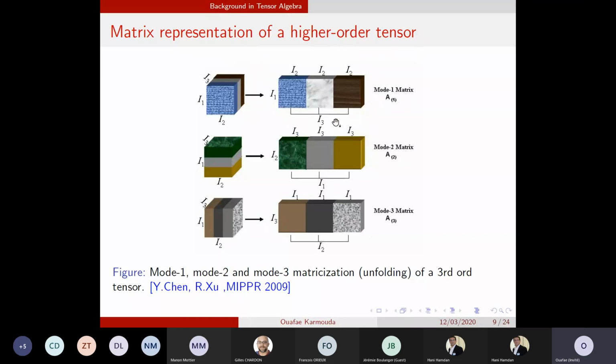The first one is obtained by stacking the columns of this tensor as the columns of the resulting matrix. The columns of the second unfolding are obtained by stacking the rows of this tensor. And the third unfolding is obtained by stacking in its columns the three mode fibers of the tensor.